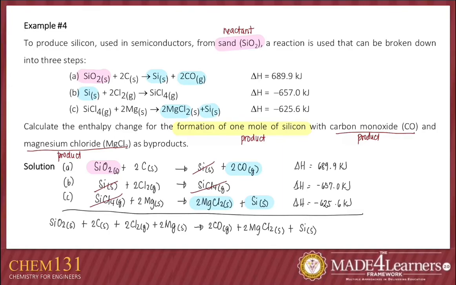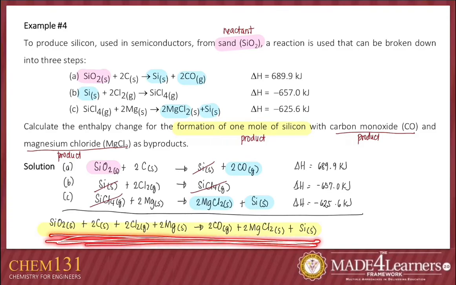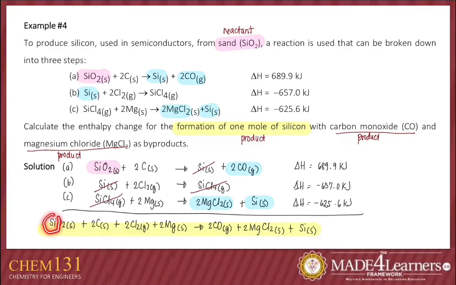Okay? So, that is our final equation, but we will first check whether it is balanced. The elements must be balanced. It should be a balanced equation. Let's see. For silicon, there is one silicon here, and there is also one here. So, it's already balanced. Okay? For carbon, there is 2 carbon here, and on the left side, we also have 2 carbon atoms. So, balanced.